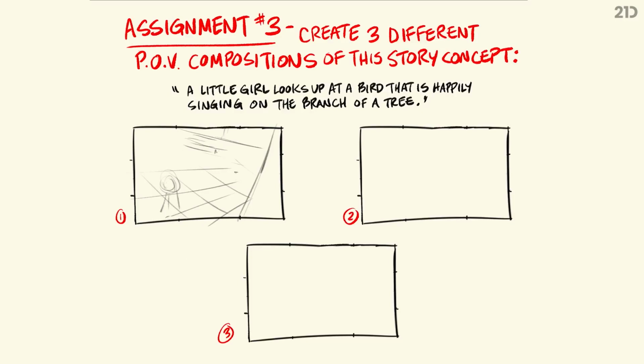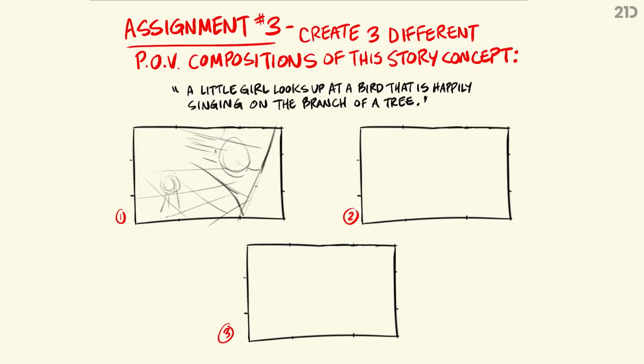And then let me put the bird over here, so we get that nice diagonal this way. Actually, I'm going to go a little higher with the bird to get him in that thirds area to showcase him more in an appealing way. And I'm going to make him larger, so he's going to be a bigger shape on a branch.